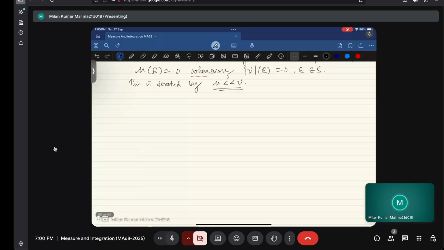The famous Radon-Nikodym theorem says that, let mu and nu be finite measures, with mu absolutely continuous with respect to nu.